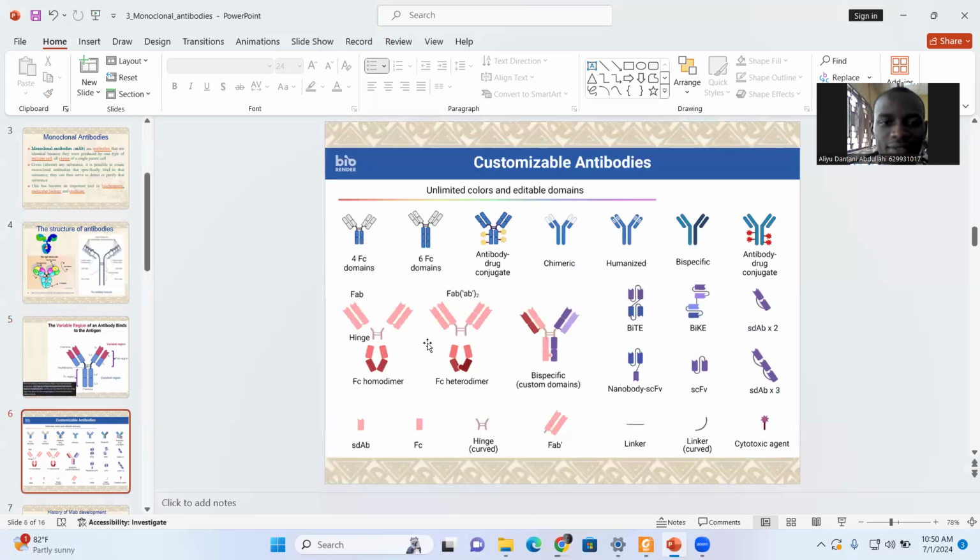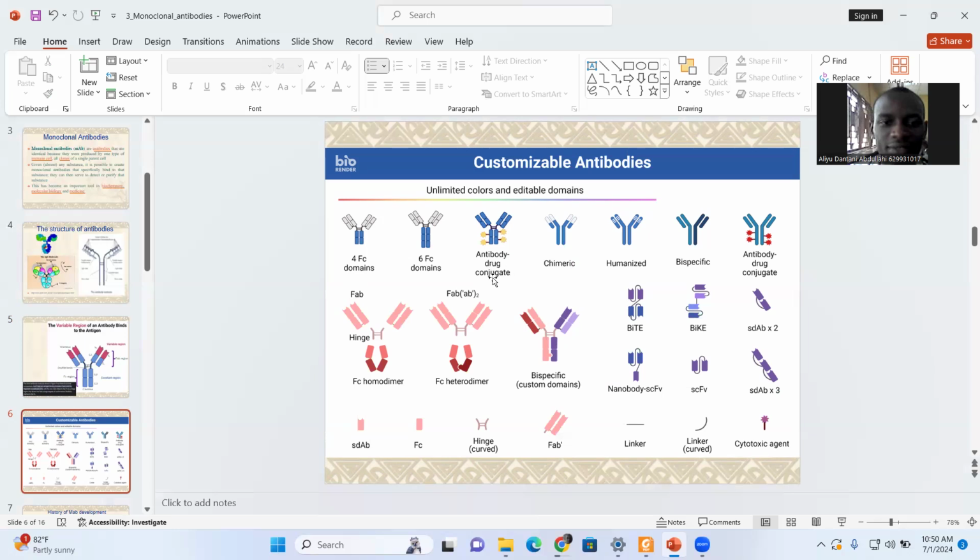This is to familiarize you with the terminologies in this area of biotechnology. I've shown you the FC region here already. The crystallizable fragments: 1, 2, 3, 4, 5, 6, right?